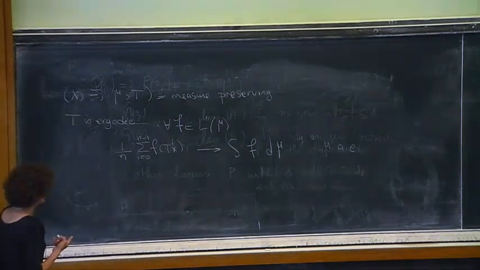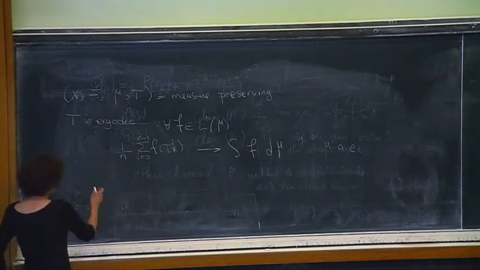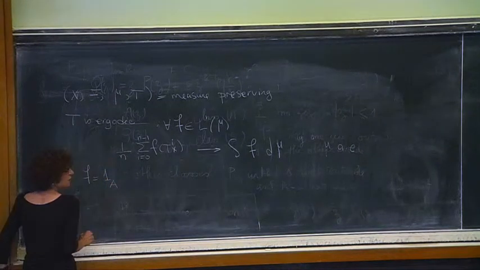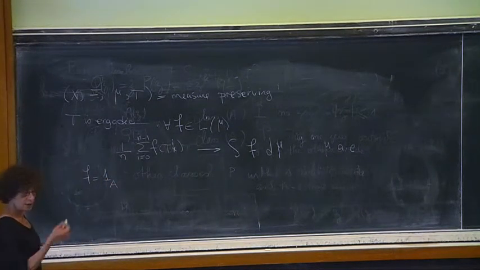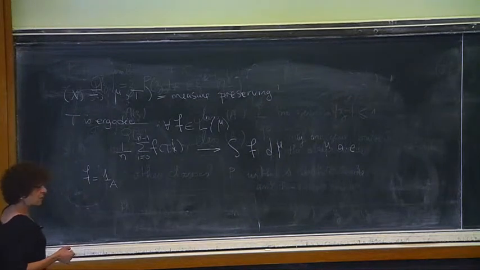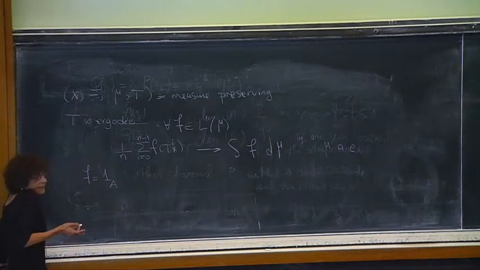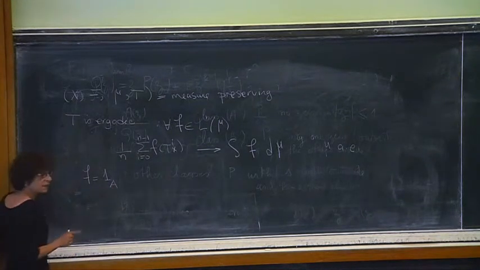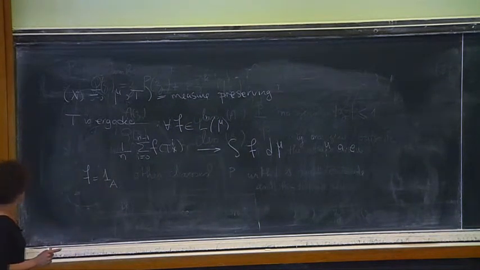Why we like this theorem, for example. Let's just take a very simple example. If f is the indicator function of a set, so suppose you want to measure the frequency of certain digits, as in the examples that we have mentioned, like let's say I'm interested in a block 0, 0, 1 or whatever, so A will be the interval where this block takes place.